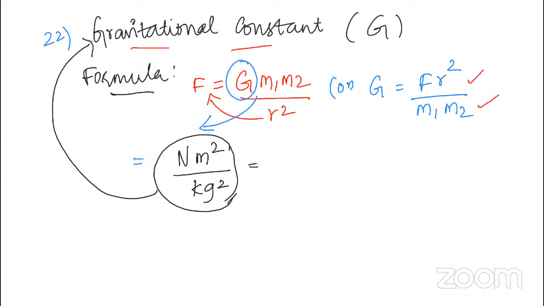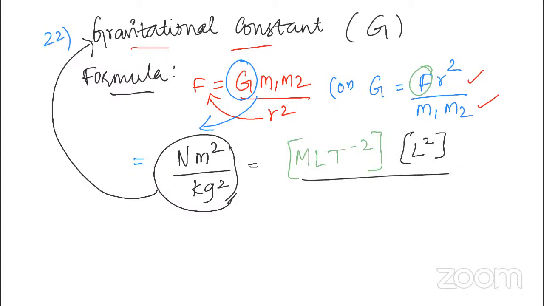Here we are taking F, that is force, M L T power minus 2, and R is length, that is L square, and for masses, M into M. Here we can cancel one M, and L is multiplied by L square.